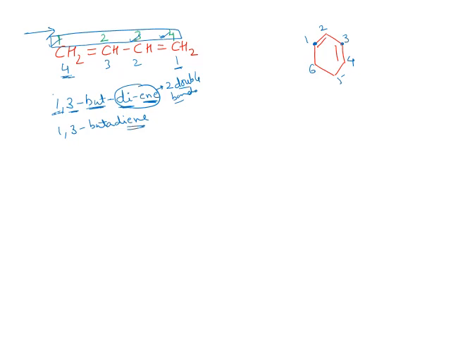If I would have started the numbering from this side, 1, 2, 3, 4, 5, 6, it still doesn't make a difference, because still with the green pen we are getting one double bond on number 1 and the second double bond on the third, like we had for the previous numbering system. So it doesn't matter which numbering system you use. I'm going to use the blue one.